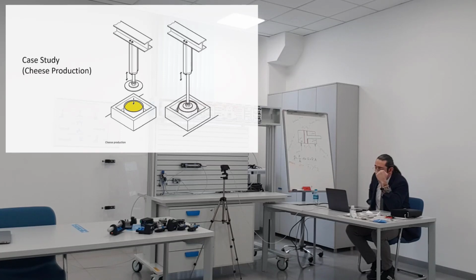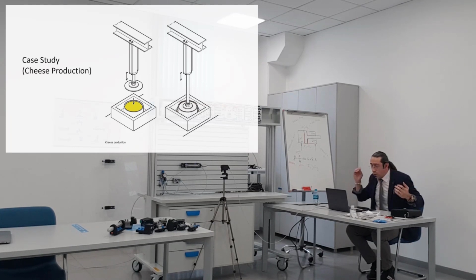When you push a button, the cylinder presses the cheese and compresses it, and after that when you push another button, the cylinder retracts. First, the cylinder advances, moves forward, and presses the cheese. After that, when you push another button, the cylinder turns back and moves backward, and the pressure is applied to the other side.